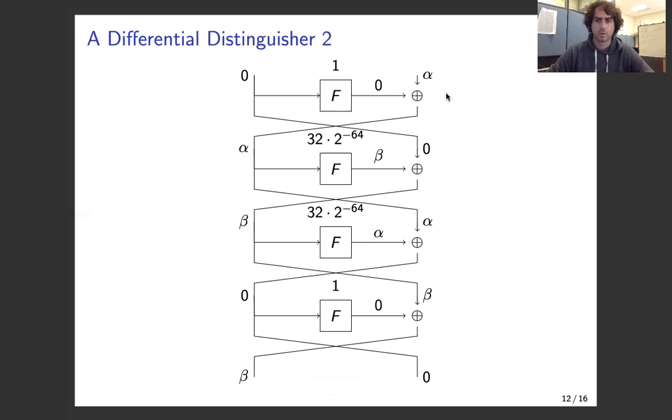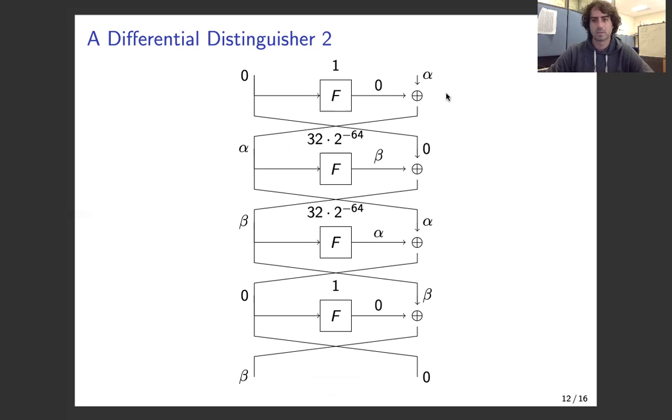Following O'Connor's work again, we know that with high probability, the maximum value in this DDT for a random permutation will be 100. And this will give us a probability of approximately 2 to the minus 121 for any differential in the cipher.